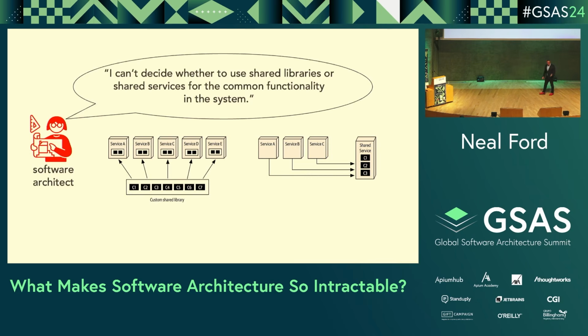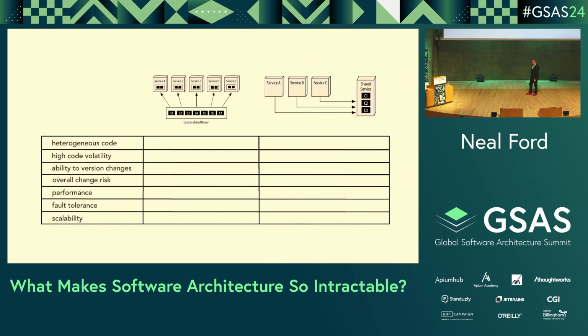I don't know. Could be either one, so we'll do the trade-off analysis. You end up building a lot of matrices like this as software architects. And in fact, the real skill in your organization is what populates that left-hand column. These are the things that are important to my organization. So that's the thing that's very organizational specific.